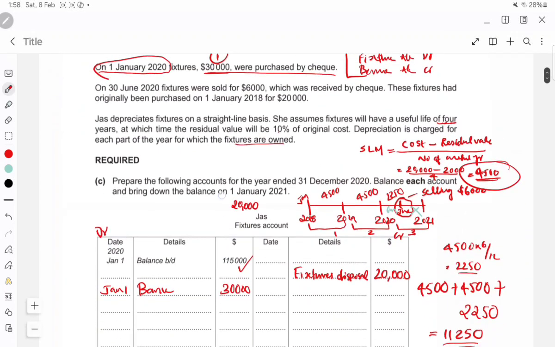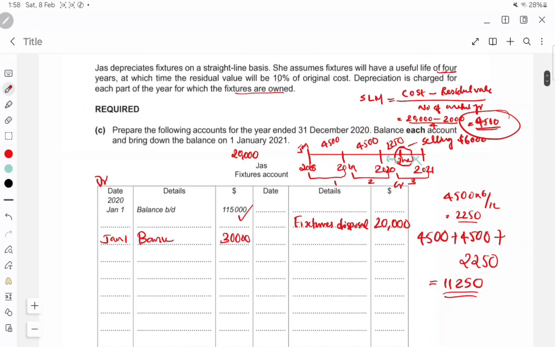Then last year we charged 2250, isn't it? That also should be transferred to the income statement, because we are preparing the financial statement for the last year, 2020-21. So that depreciation should be shown in your financial statement. The remaining we will not take, because we already took that in our previous financial statements.